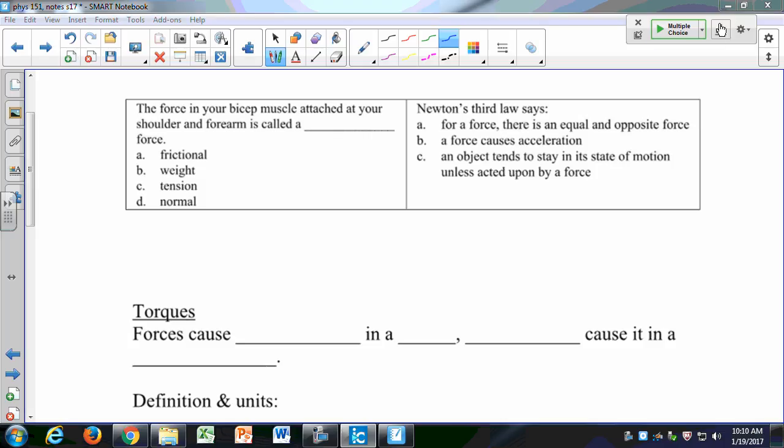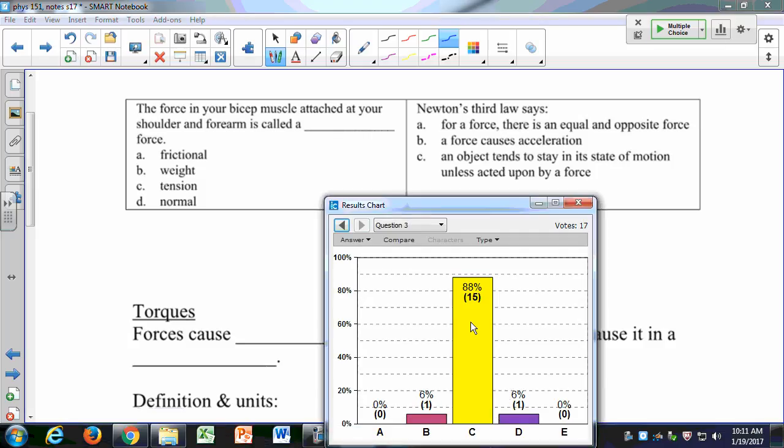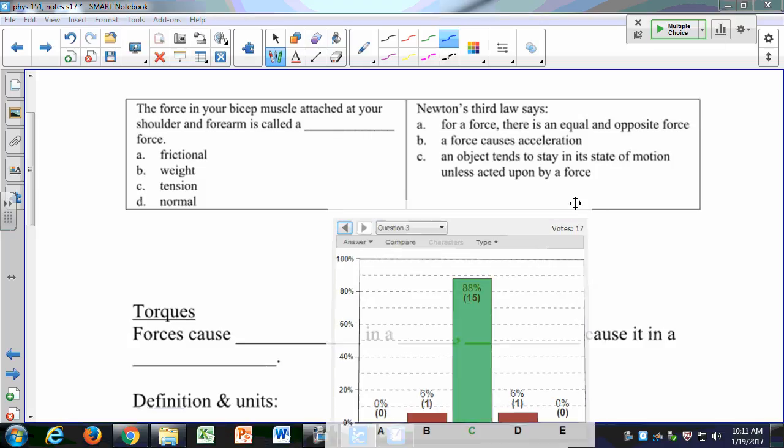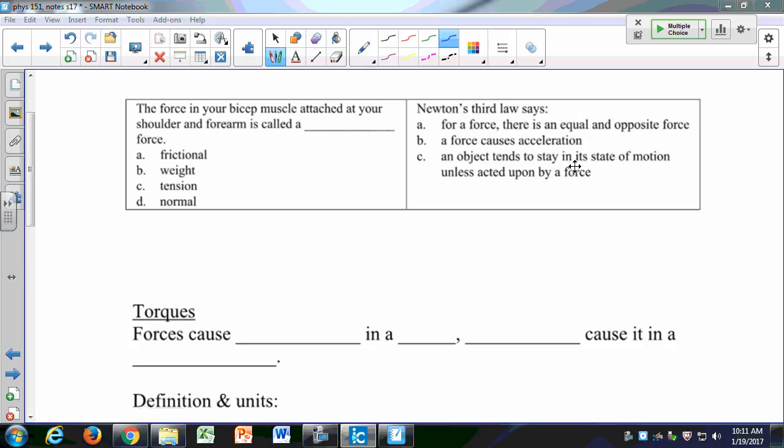Okay, let's see. C is right. That's a tension force. Anytime I talk about our muscles or our ligaments, that's going to be a tension force. And then let's try this Newton's third law question, the one on the right.